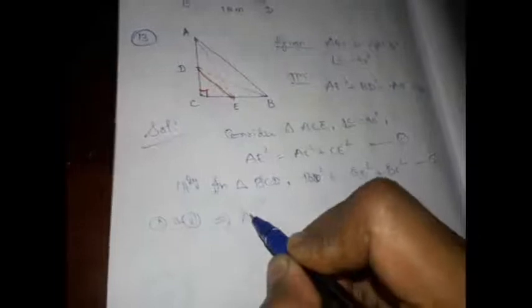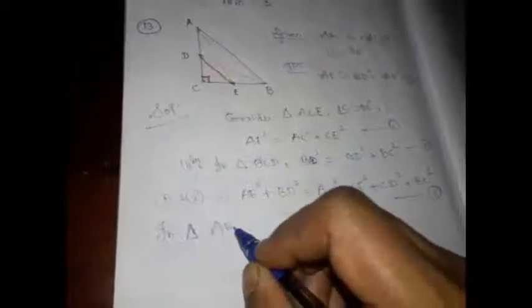Mark this as 1 and 2. Now let us add 1 and 2. So 1 plus 2, what will we get? AE square plus BD square is equal to AC square plus CE square plus CD square plus BC square. Let it be aside. Now we need AB square and DE square, right?